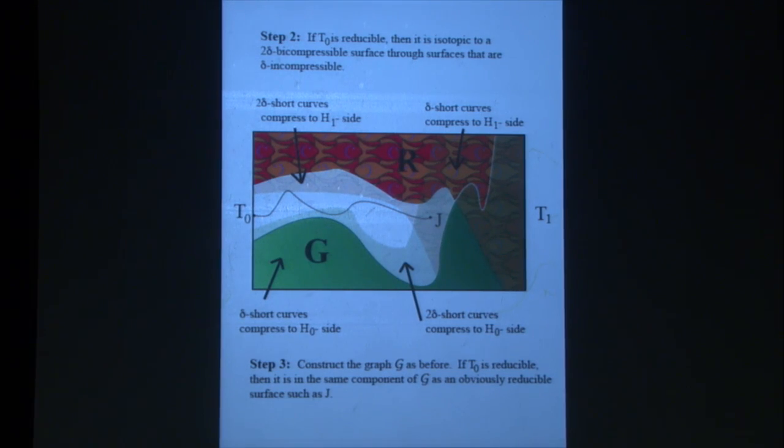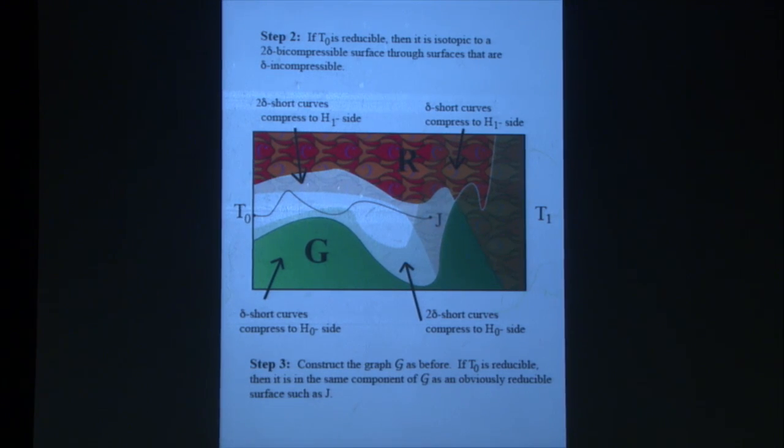On the left is the original Heegaard splitting, and the one on the right is the Heegaard splitting with surface T1, where it was obviously destabilizable. All the way on the right, there are very small curves that compress to the left and very small curves that compress to the right.